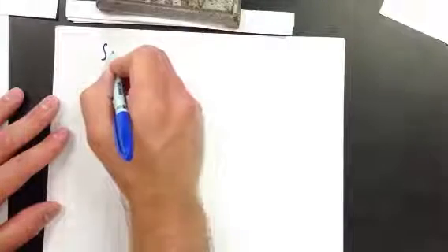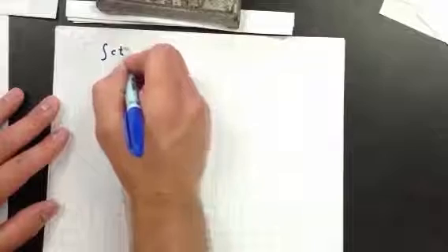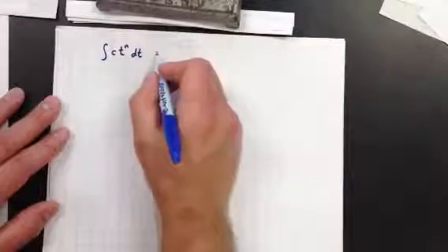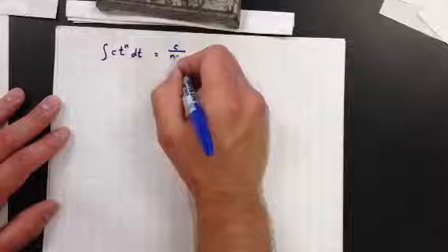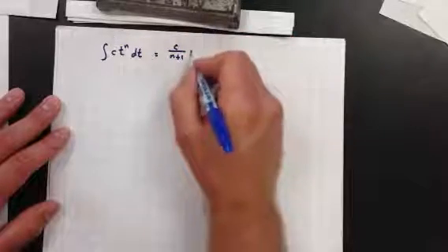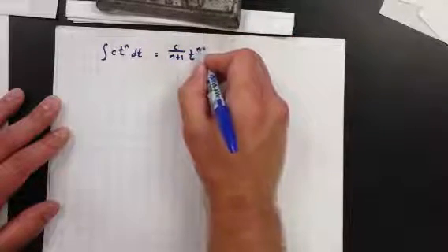So let's write this out again. If we have the integral, the infinite sum of c times t to the nth power times dt, what we're going to end up with is that constant divided by n plus 1 times t to the n plus 1.